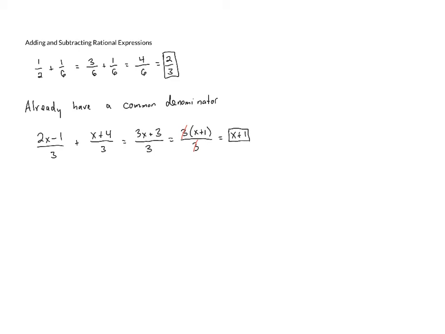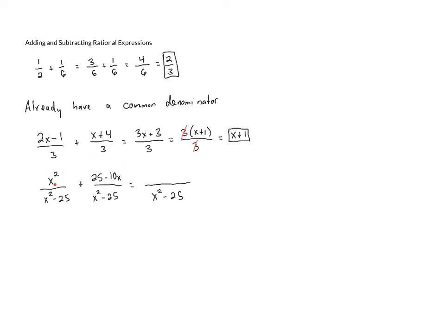Let's do another one. This time, we're going to look at x squared over x squared minus 25 plus 25 minus 10x, also over x squared minus 25. Because we have a common denominator, we're going to keep that common denominator, and then we're going to add the numerators together.